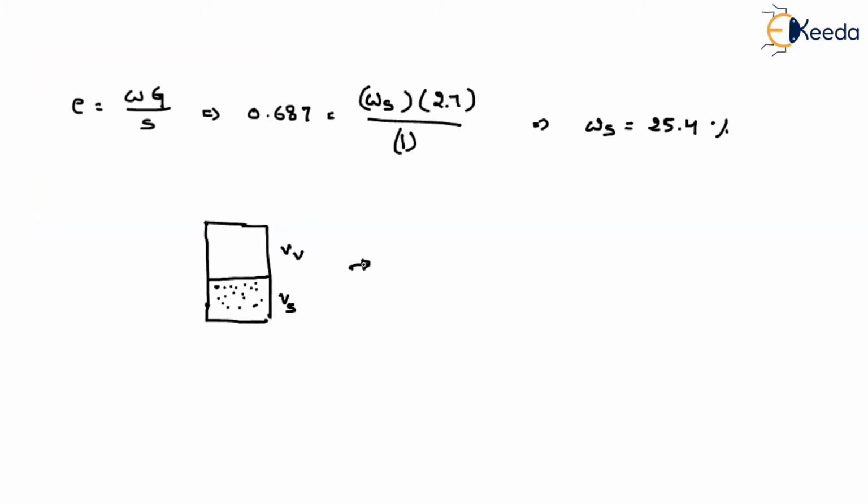All the air voids are filled with the water. Then there will be some point at which all the air voids are completely filled with the water. The water content at which all the air voids are filled with the water, we call it the shrinkage limit.